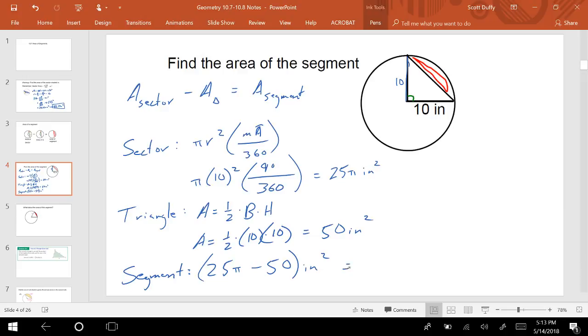Or you could actually multiply 25 by pi and then subtract 50, which equals 28.54 square inches. Either answer will do.